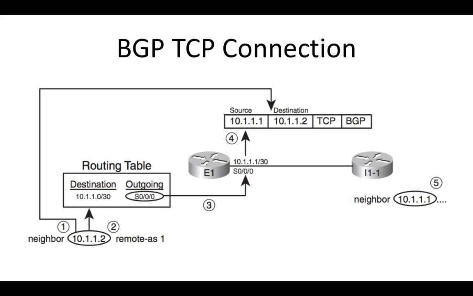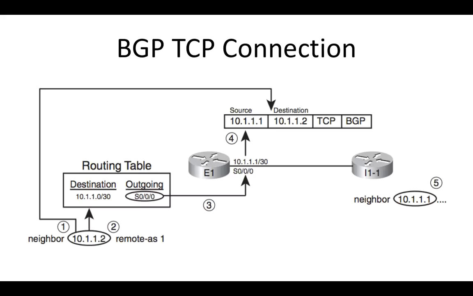So the process of what's actually happening in here, if we just follow the numbers around the diagram, at number 1, our E1 router is going to find the neighbor 10.1.1.2 command. So E1 will send a BGP message for the neighbor inside of a packet with the destination IP address of 10.1.1.2. And we should know from that previous diagram, 10.1.1.2, that was simply the IP address of that ISP1.